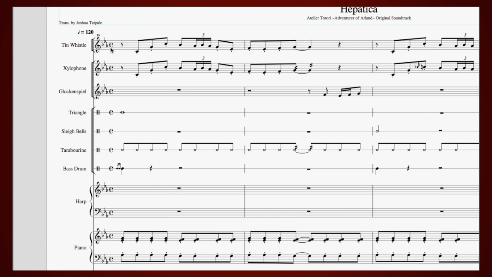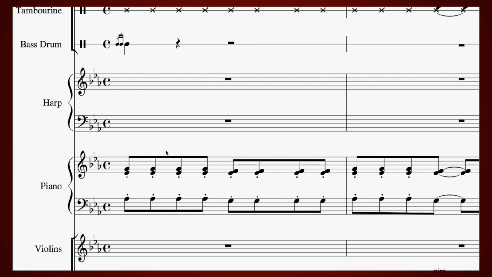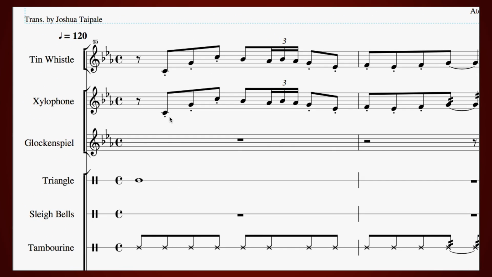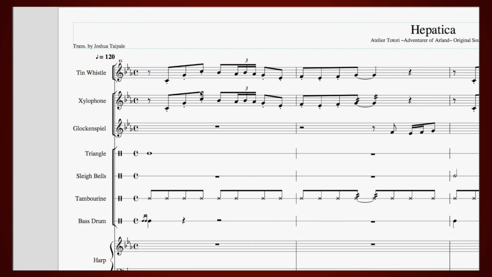We're in the key of E flat. From this context, we can assume that this is an A flat major chord, even though the C isn't present. And actually, if we look up, the melody starts on a C. So there's enough context for us to say, okay, this is an A flat major 7.